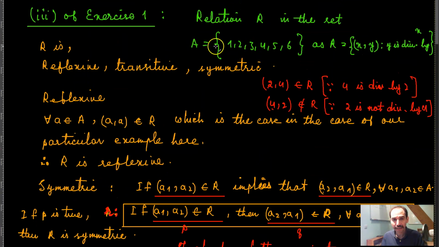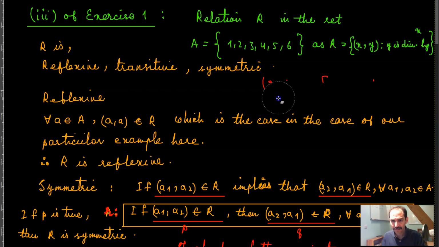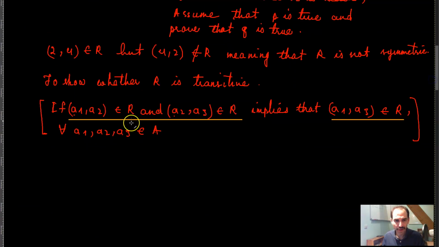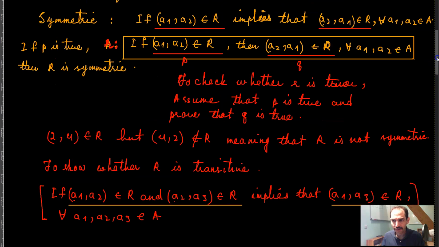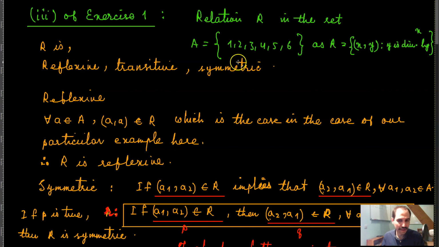The set A that we have here is this one, and y is divisible by x. Since you really do not know whether this statement is true or not, it's usually easier to start with a counter example. And a counter example is that you start by testing with just one simple case.